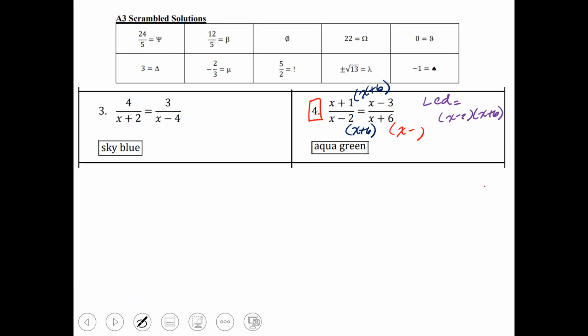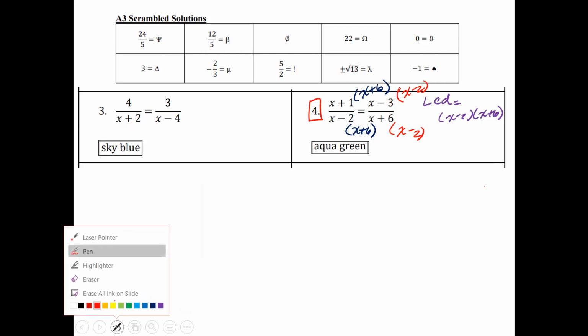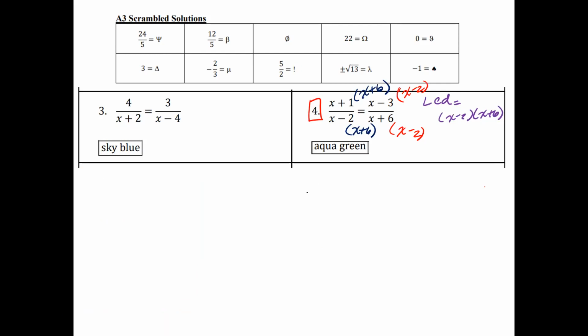And my pen stopped working, so let's give that another try. All right, so then looking at this right here, my common denominator here on the left side, x minus 2 times x plus 6.